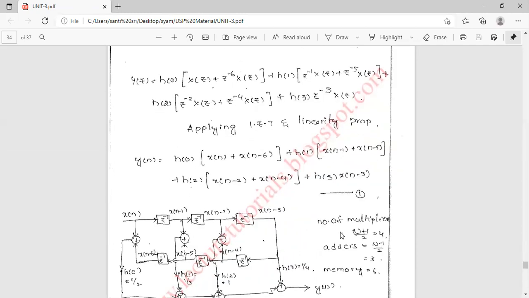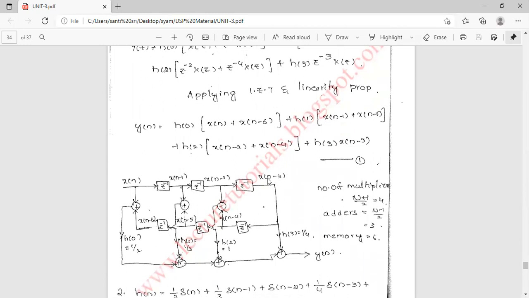So for this equation, we will draw the linear phase structure. So x of n and x of n minus 6 are added, which will be multiplied with h of 0, that is 1 by 2.